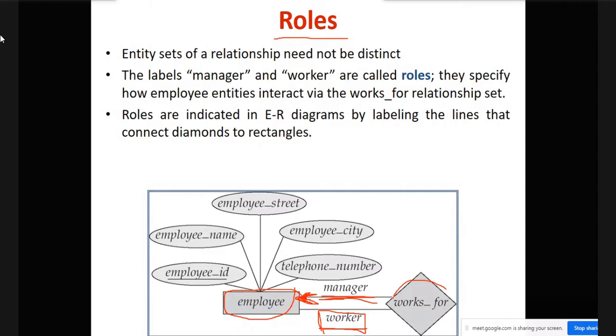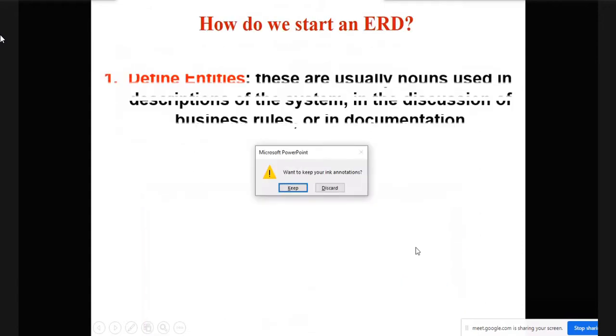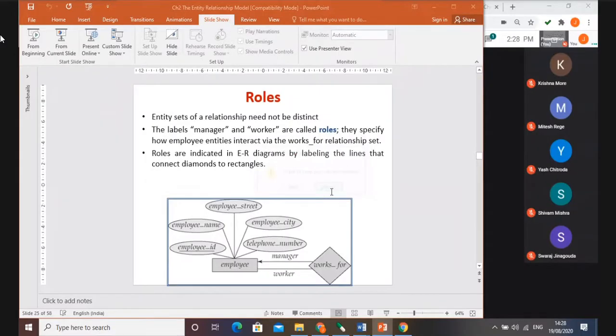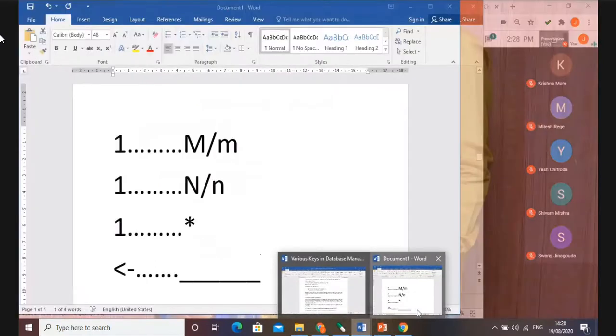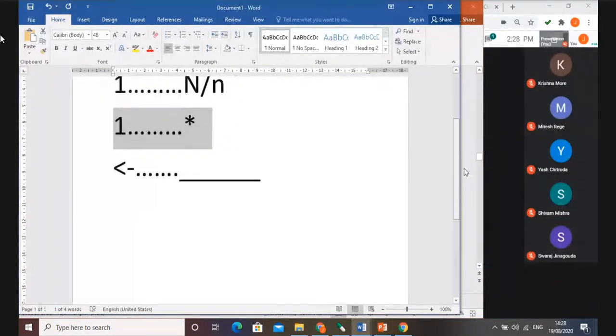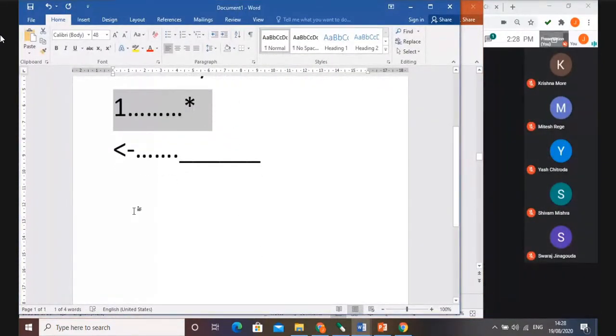Works for is a relationship which is connected only with the employee. So this same notation I can also write as employee, for example manager. I'll just show you so that the concept becomes clearer. I'm not drawing the diagram right now, I'm just writing.